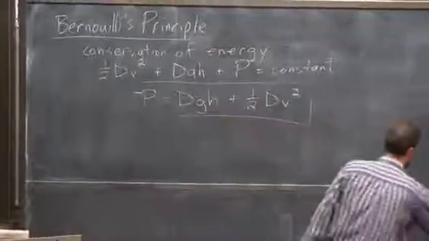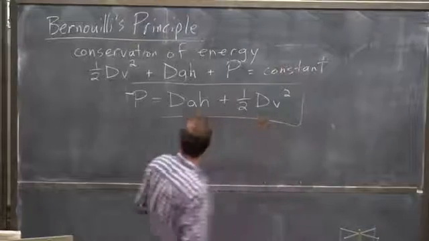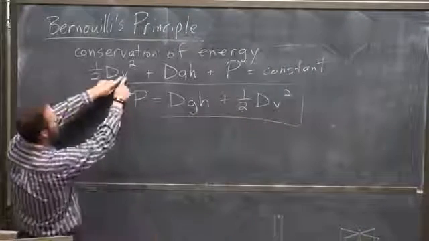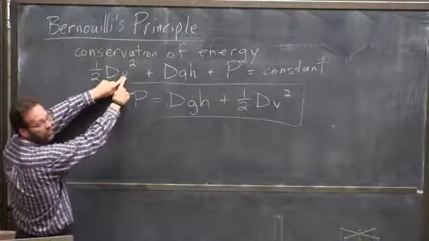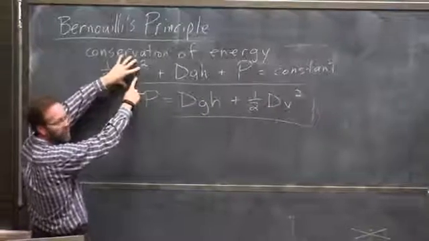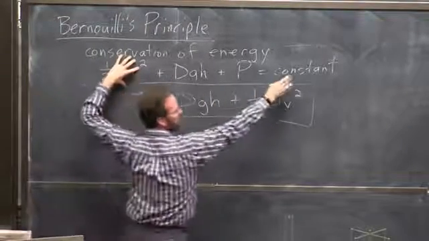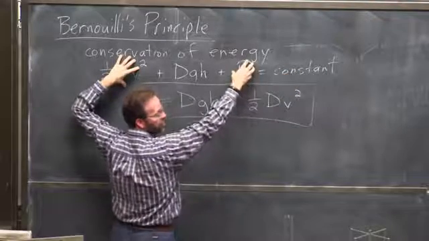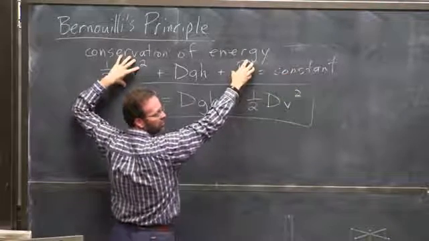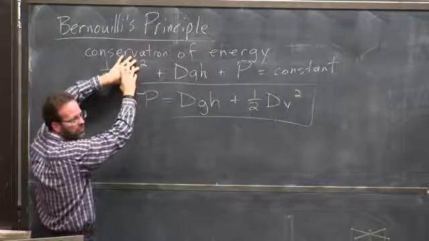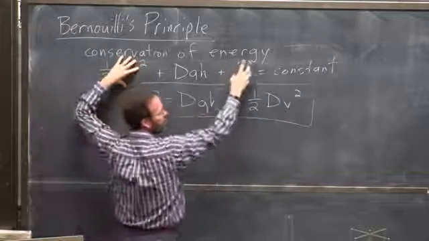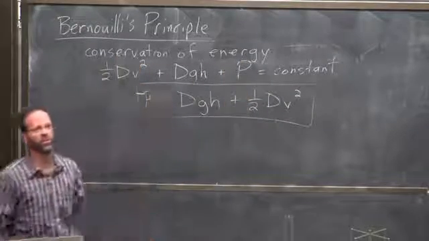Show a decrease if you move that over. If this increases, then the kinetic energy term has increased. It's got more kinetic energy. But this has to stay constant, so what happens to the pressure? If this term goes up, this has to go down. That's Bernoulli's principle.